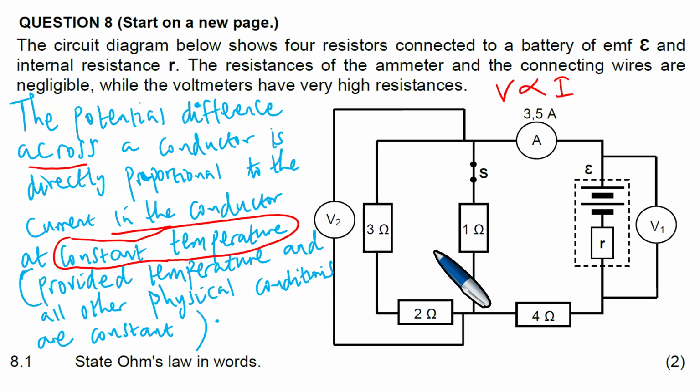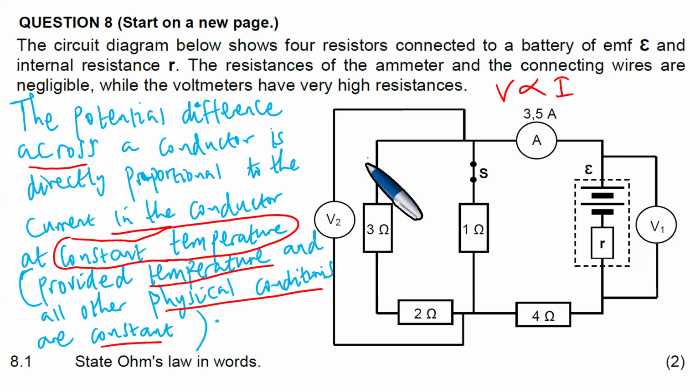So it was necessary for the examiner to say that something must be constant here: provided temperature and all other physical conditions are constant, then V is directly proportional to I. But if temperature is not constant, Ohm's law does not hold. V is not directly proportional to I. V is directly proportional to I under ideal conditions where temperature is constant, and hence when resistance is constant.